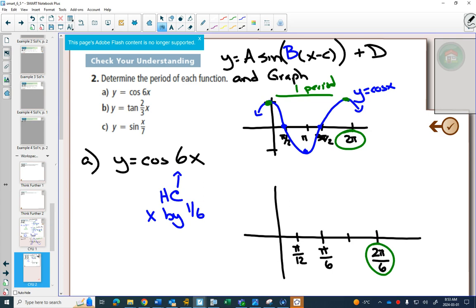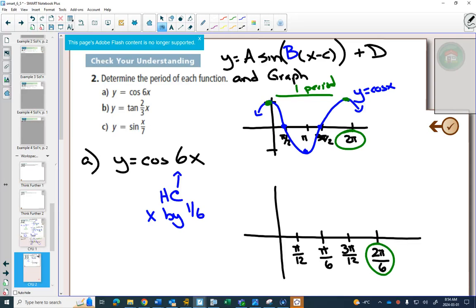If one of them is pi over 12, does it make sense that the third one, and I'm not going to reduce this, would be 3 pi over 12? If one tick mark was 1 pi over 12, the third one would be 3 of them, 3 pi over 12. I mean, that reduces to pi over 4. I could reduce the 2 pi over 6 to pi over 3, but we don't have to reduce fractions if we don't want to. We could leave it labeled like this.